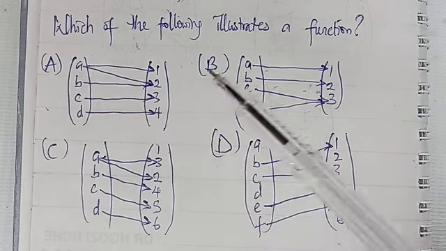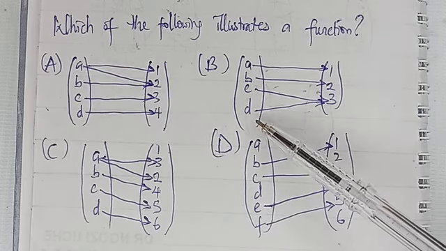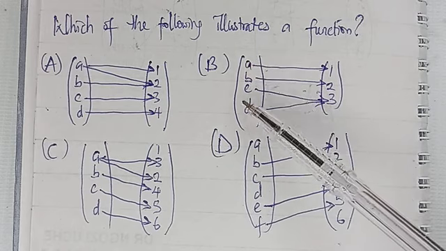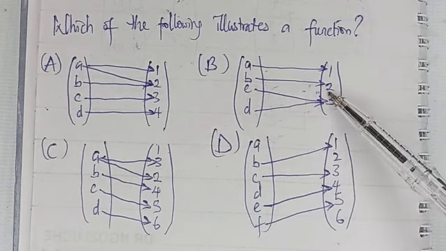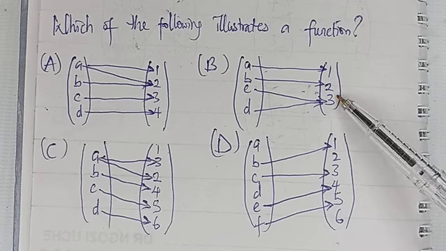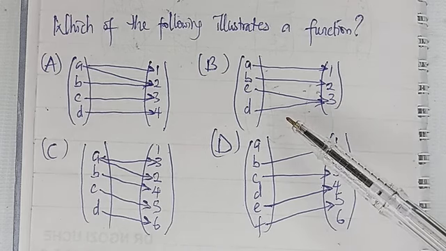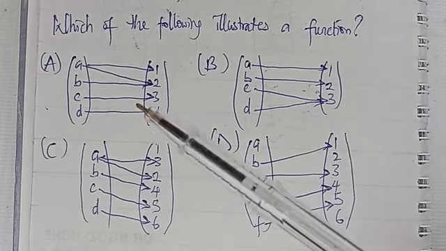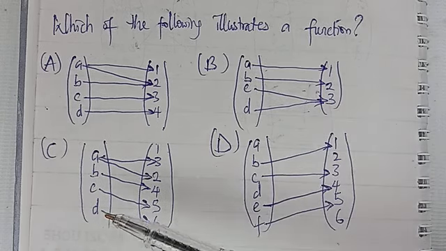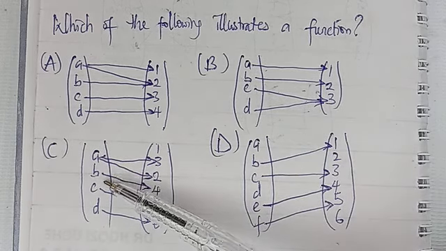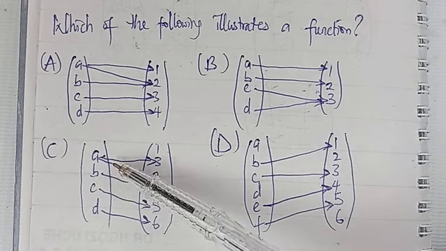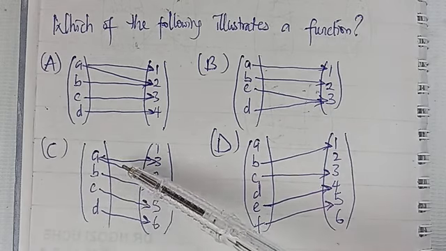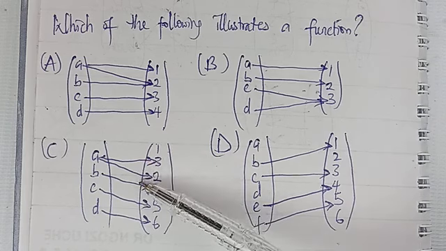So this is disqualified. We can see in B, yes, every member here is mapped to an element of the codomain. Very good. So this is a mapping. This is a function. It's also a mapping too. We have this. Every one of them, yes, but this has 2, right?